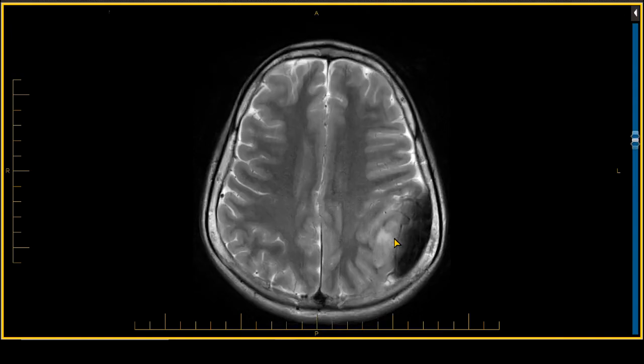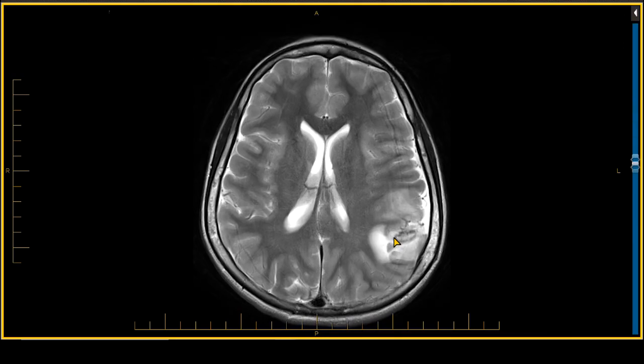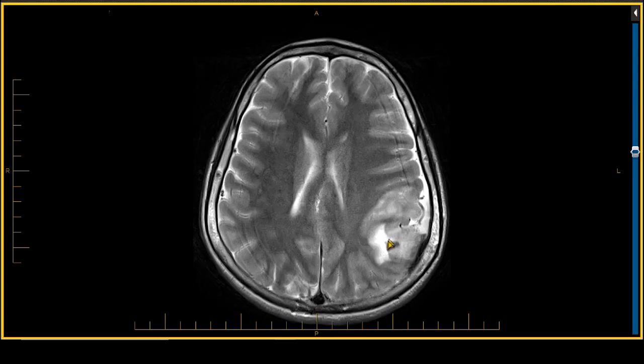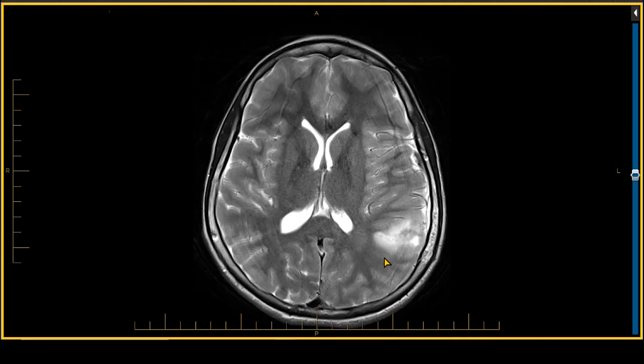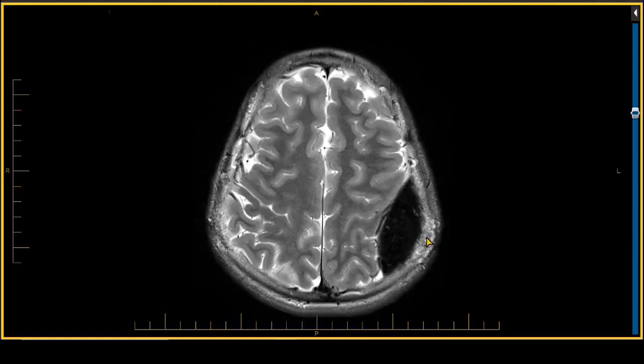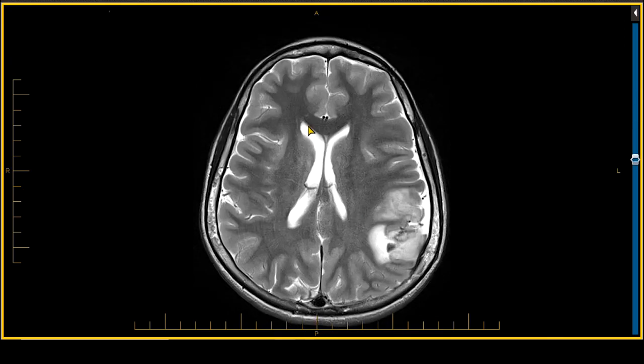Otherwise, looking pretty good. So, you dictate epidural hematoma with mild contusion in the posterior left frontal lobe and parietal lobe with associated subarachnoid hemorrhage, 22 millimeters in thickness, no midline shift.